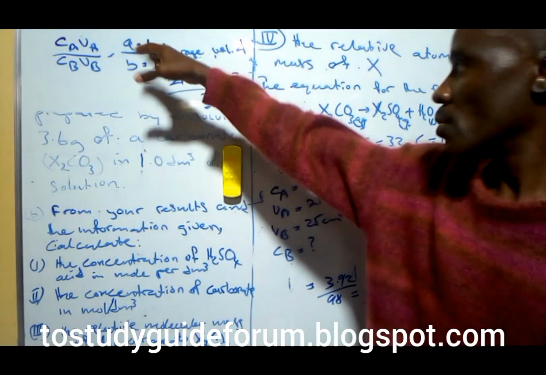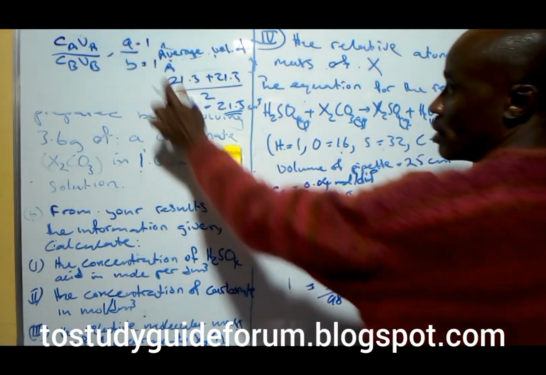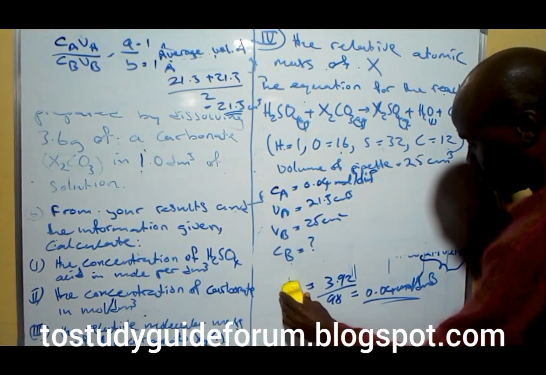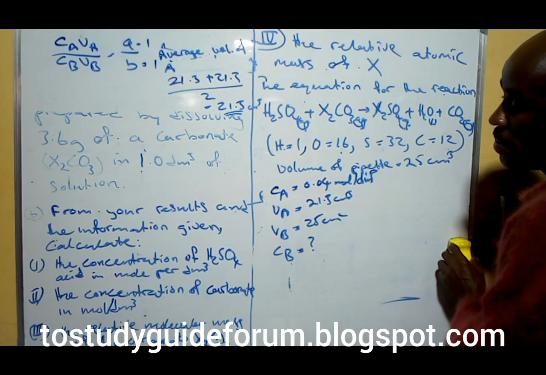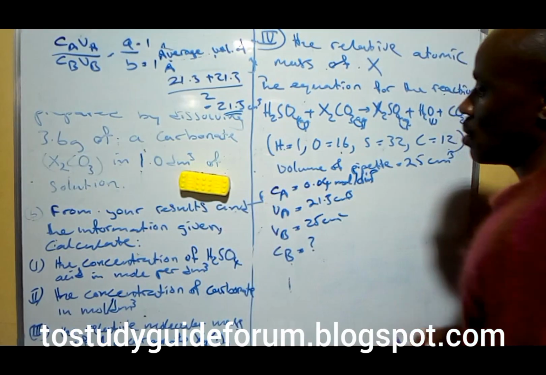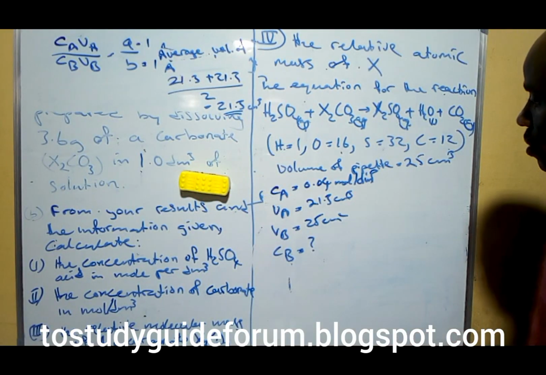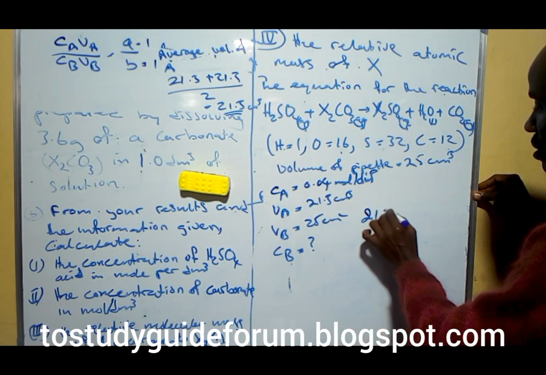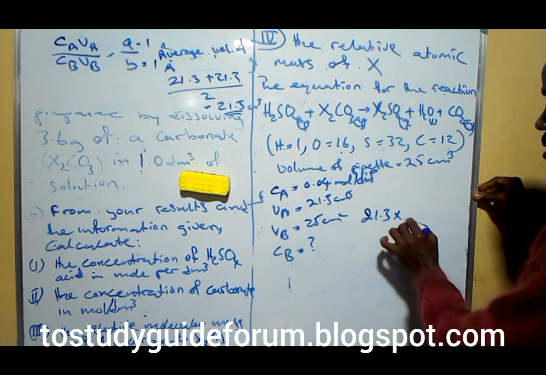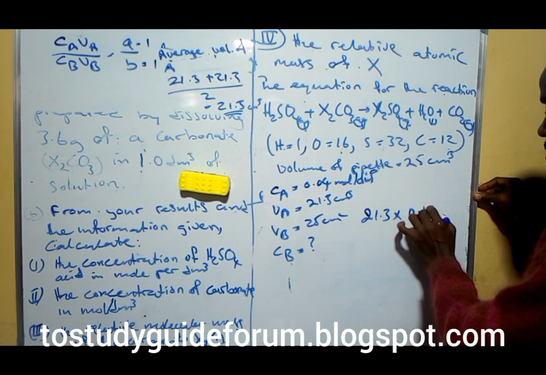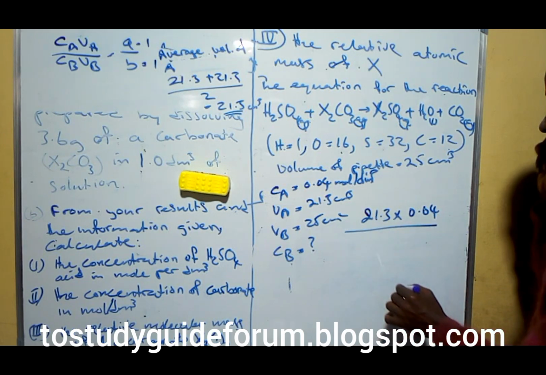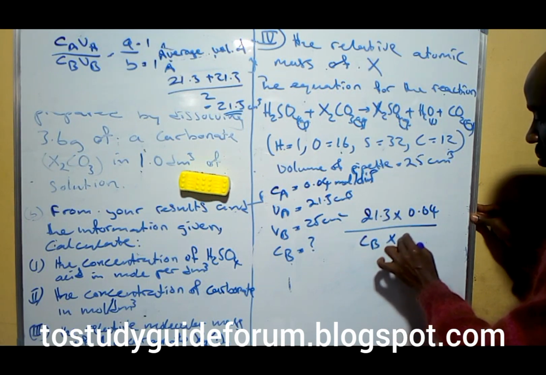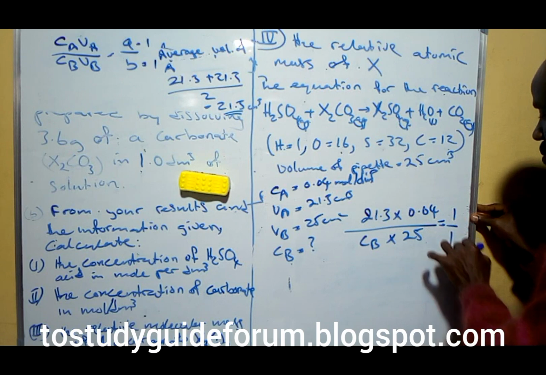Using our ratio, like we stated already, A to B is 1:1. We have already gotten the mole concentration of the acid, so now we substitute all the values that we have here: 21.3 times 0.04 over CB times 25 equals 1 over 1.